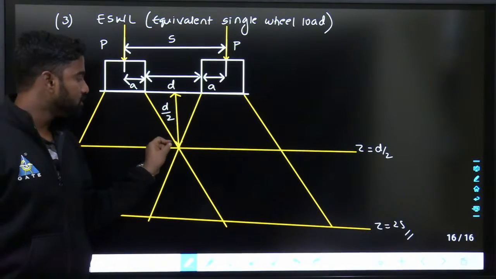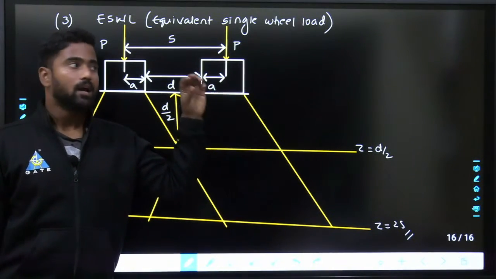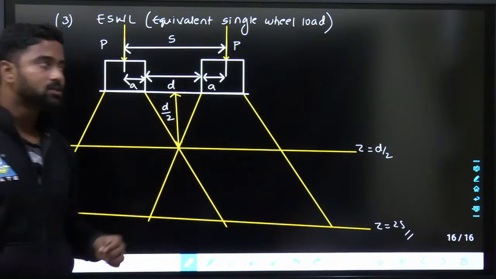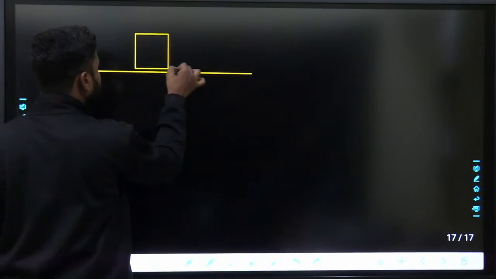That means let us say stress at this location because of these two wheel loads is some 10 kilopascals. Now I'll remove these two wheel loads, I'll keep a single load so that stress.